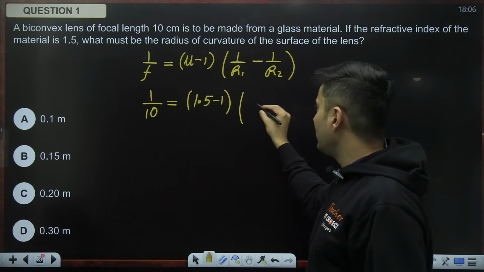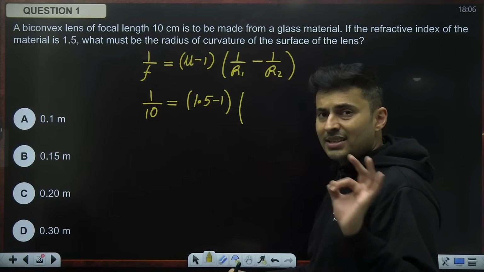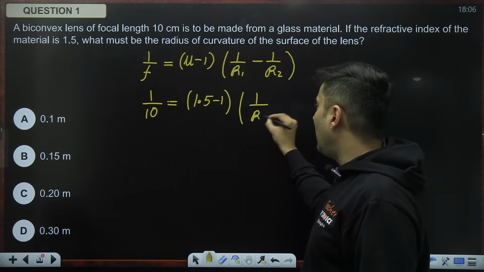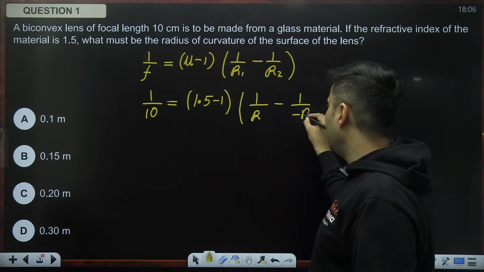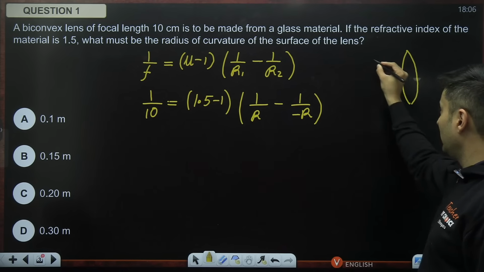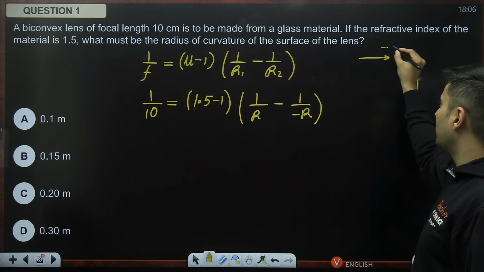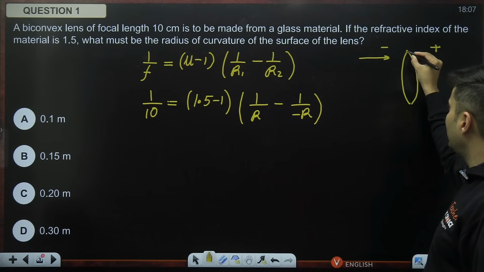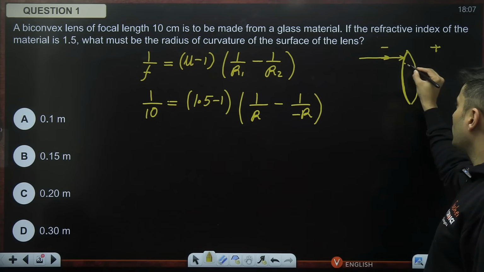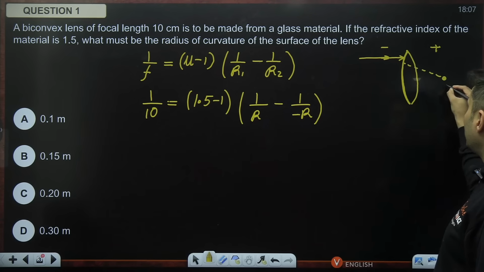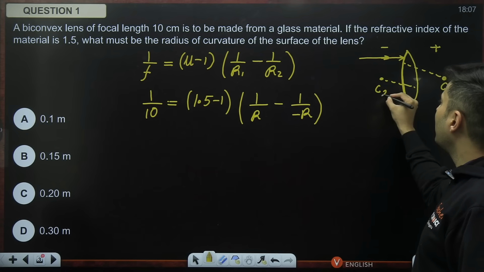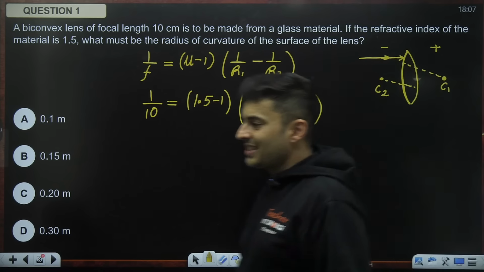It's a biconvex lens, so R1 and R2 will be equal, but sign wise they will be different. The first radius will be R, then the next radius will be negative R, because of sign convention. If the rays of light are coming from the left, this will be the negative side, and this will be the positive side. This is the first surface with which the light will interact, so the radius will be on the positive side, and the second radius will be on the negative side. So that's why R2 is negative.